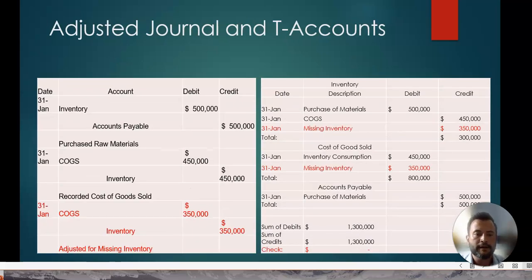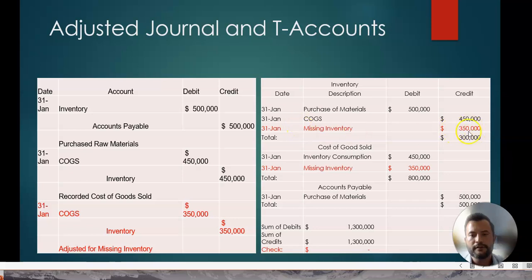On your screen now, you'll notice the adjusted entries on our journal and our T accounts. Those adjustments are highlighted in red. We'll see that the cost of goods sold that we noticed goes in as a debit to our cost of goods sold account, and it goes in as a credit to our inventory. On our T account, we can see this here.